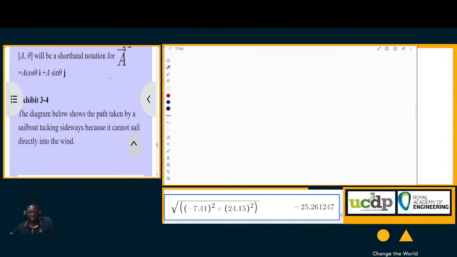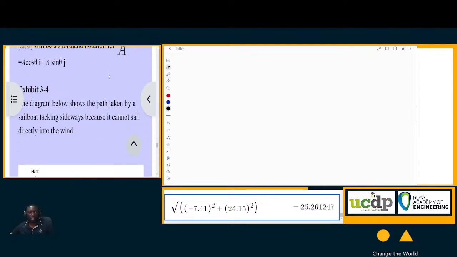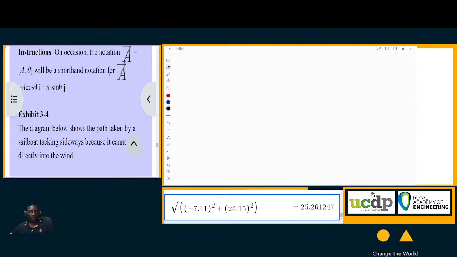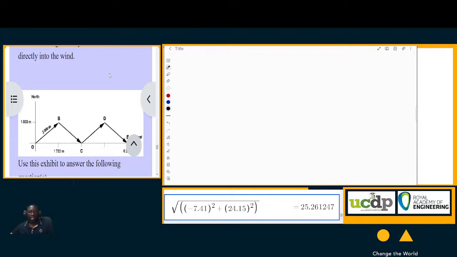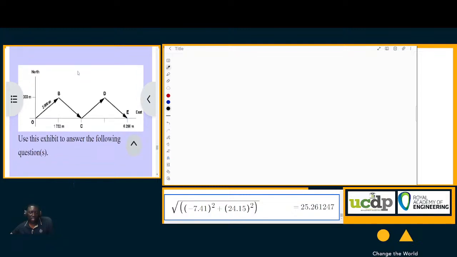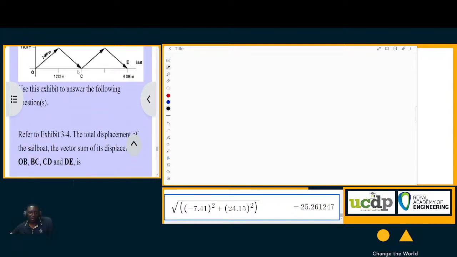So next question is question 14, which is quite simple. The same thing about the notation is given in the instructions, but the diagram below shows a path taken by a sailboat tacking sideways because it cannot sail directly into the wind. You use this diagram to answer the following questions.